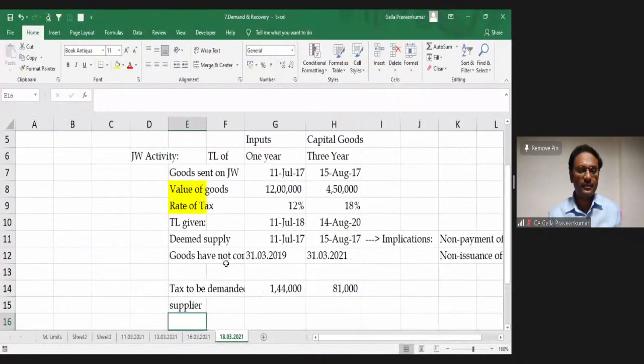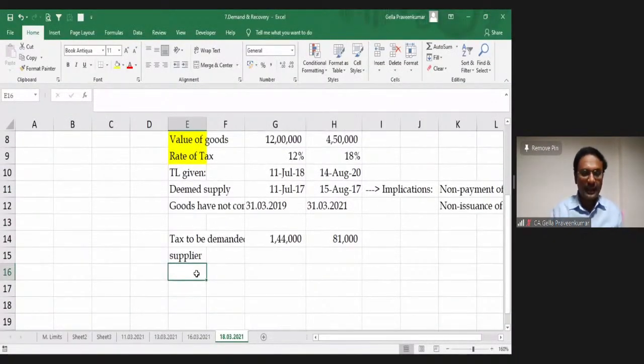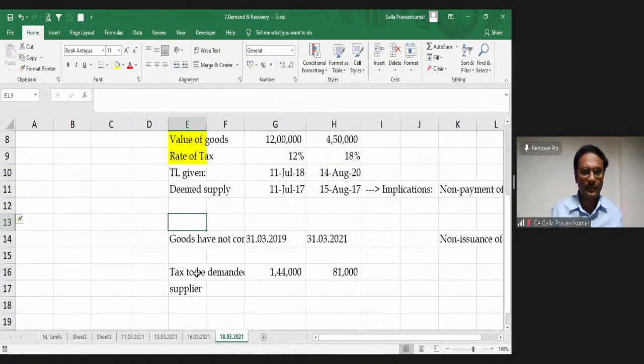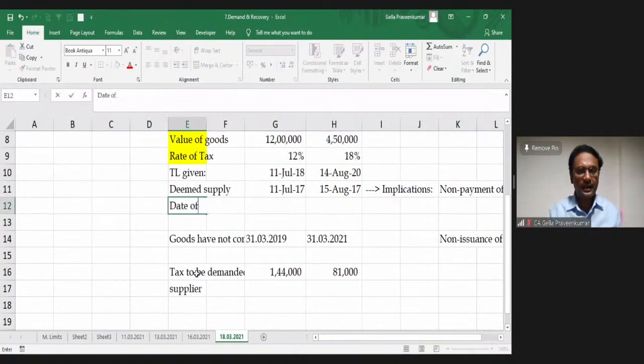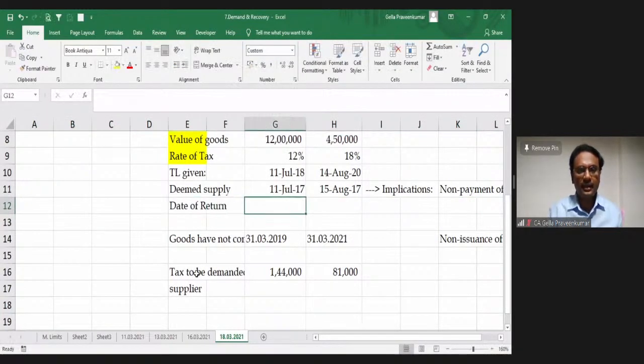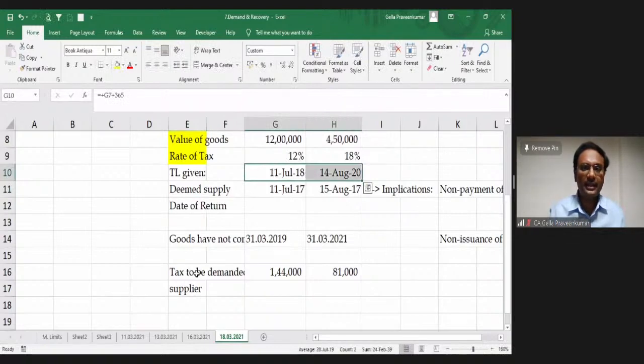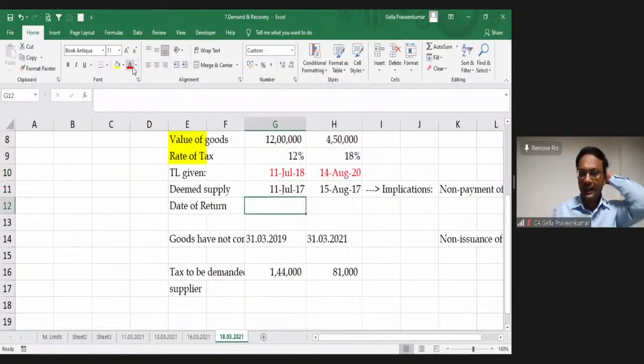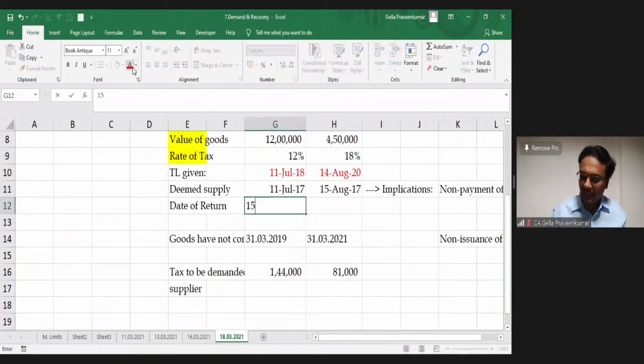Now, here, assuming the date of return, my date of return. Now here, the time limit given is this much. For me, the time limit given is this much. Actual date of return is, say, 15th of July 18.